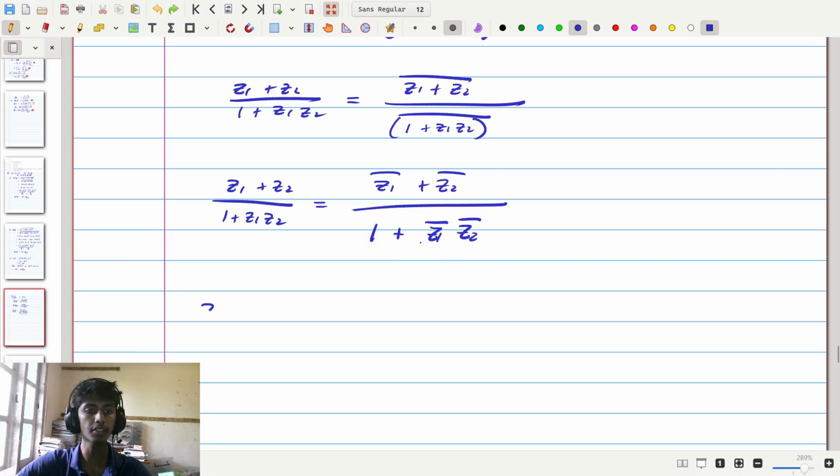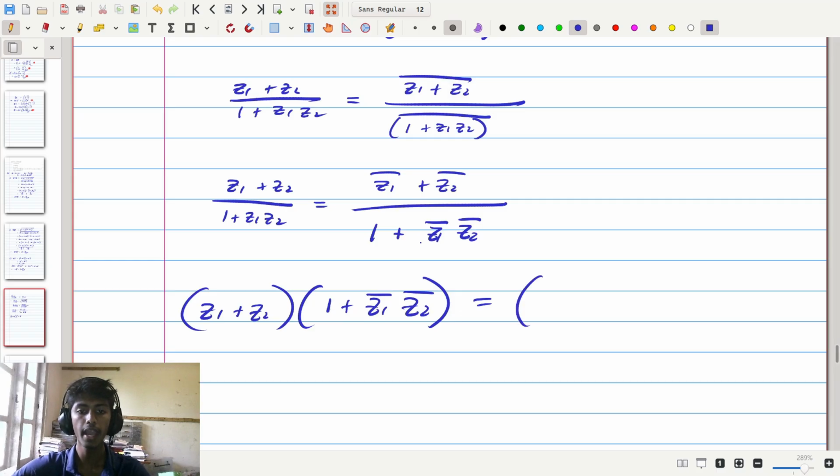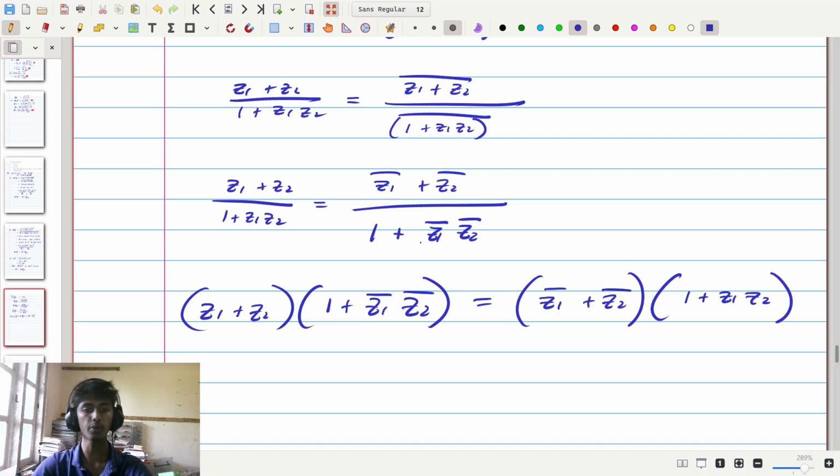According to that, we're going to get z1 plus z2 multiplied by 1 plus z1 conjugate z2 conjugate being equal to, on this side, z1 conjugate plus z2 conjugate multiplied by 1 plus z1 z2. Now this is what we get.